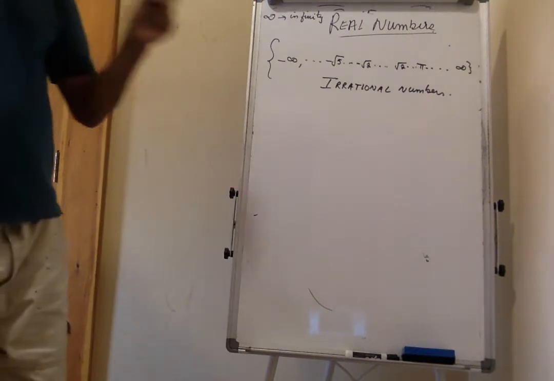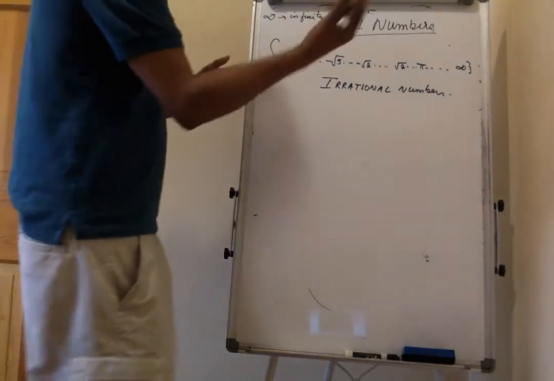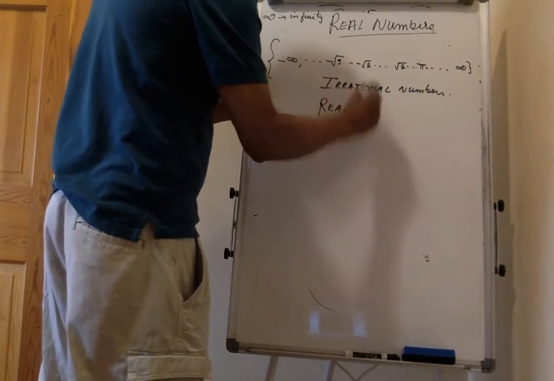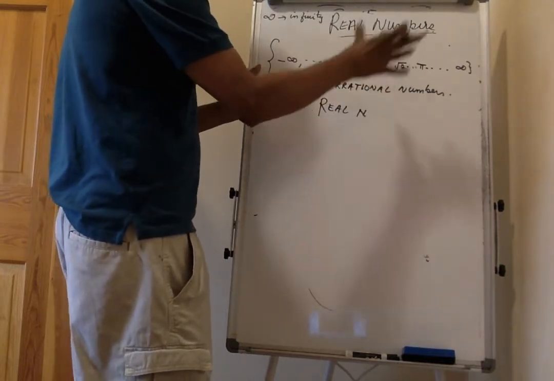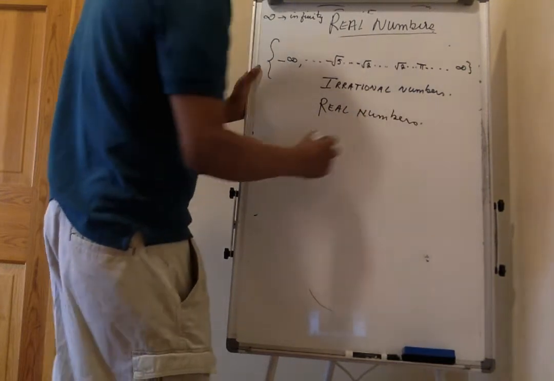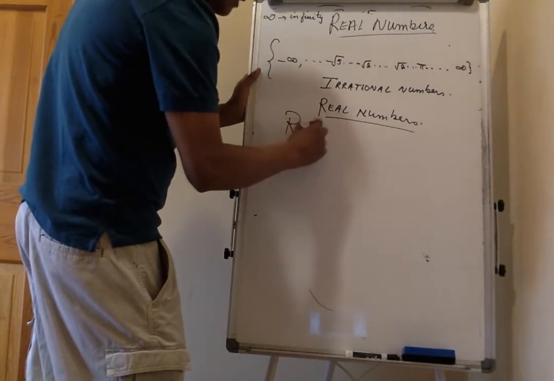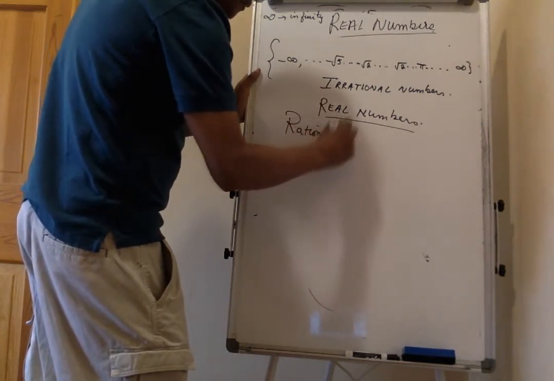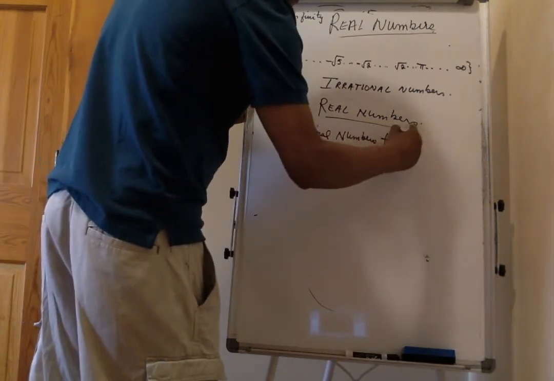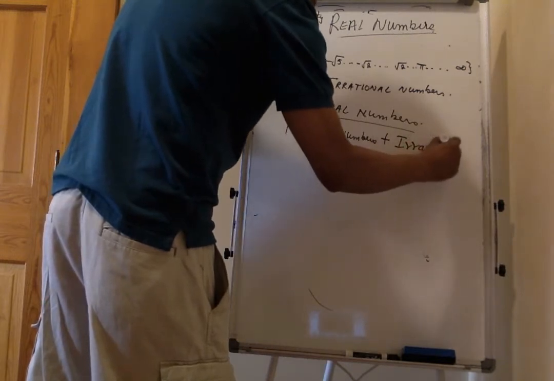Now we are ready to define what real numbers are. In fact, I'm going to write it. So real numbers, by real numbers, we mean the irrational numbers and everything that we discussed earlier. Real numbers are rational numbers plus the ones that we just discussed, the irrational numbers.